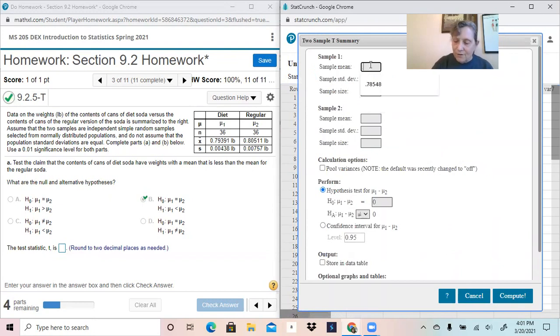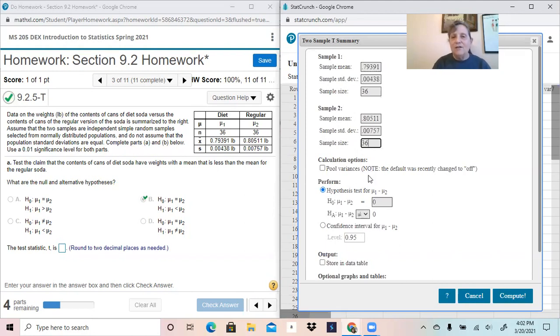Sample mean for the first sample, sample standard deviation for the first sample. Sample size, 36. Next sample mean, 0.80511. Next sample standard deviation, 0.0757. Sample size, also 36.